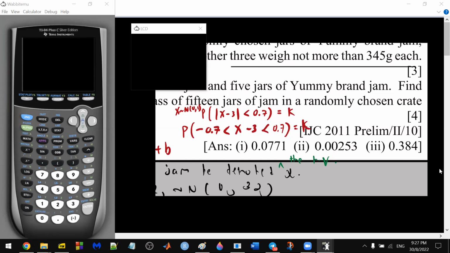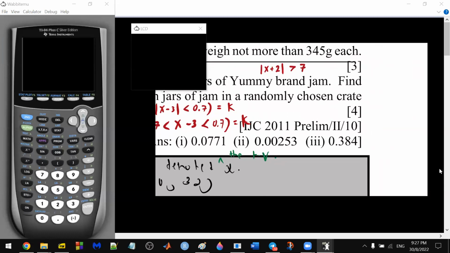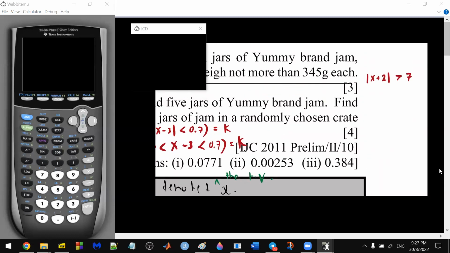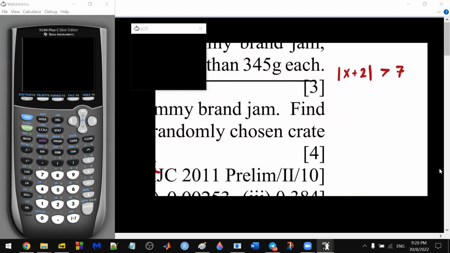Yeah. So let's see. What about, let's say you have modulus of x plus 2 more than 7. This is equivalent to what? Mic test. Can you hear me? Okay. Modulus x plus 2 more than 7, what is this equivalent to?